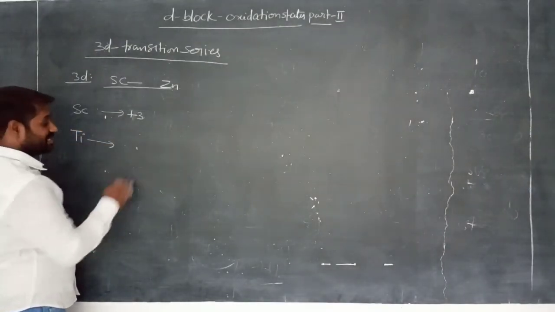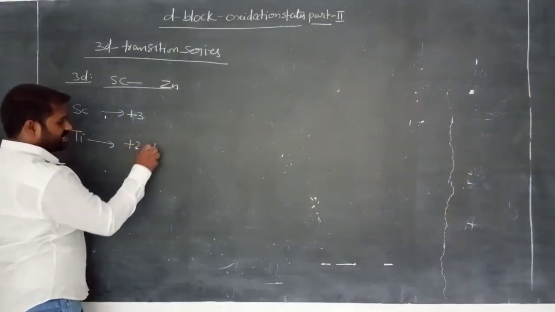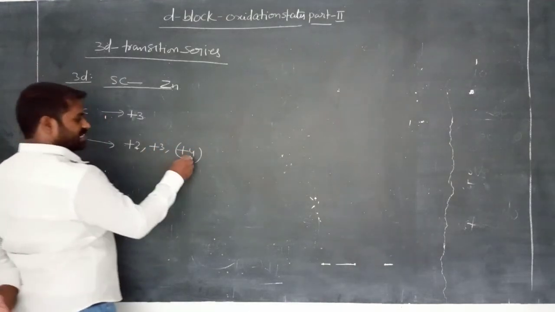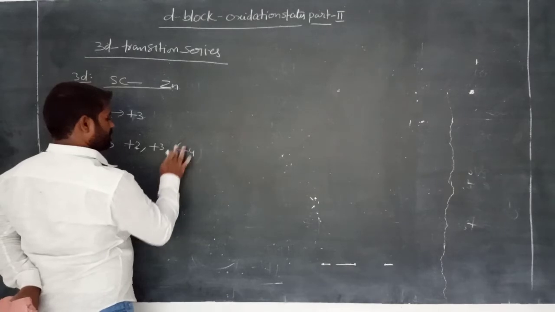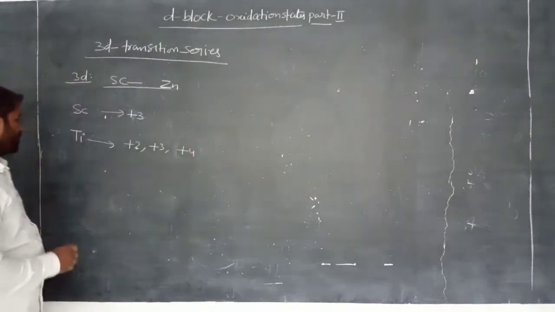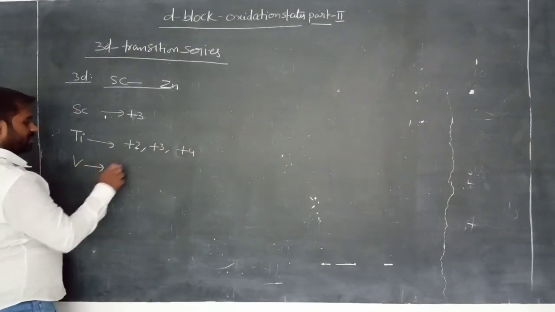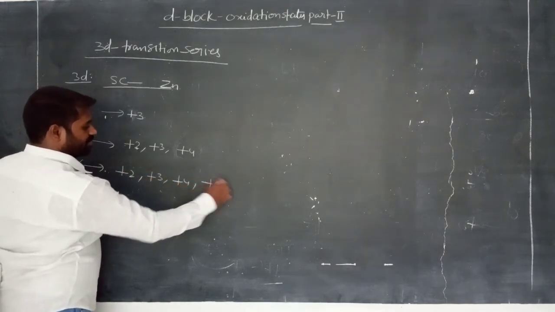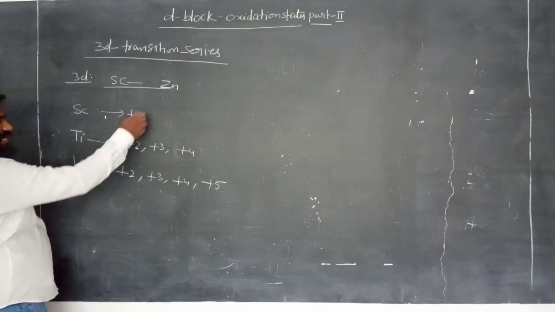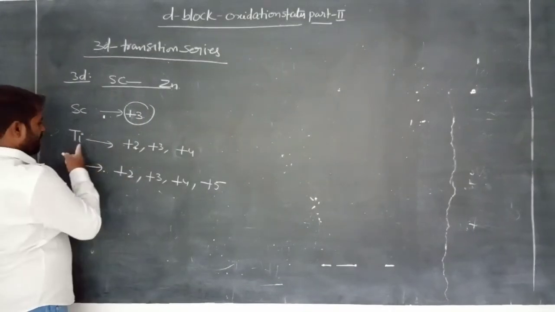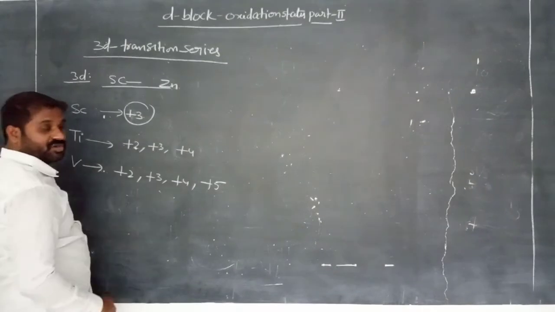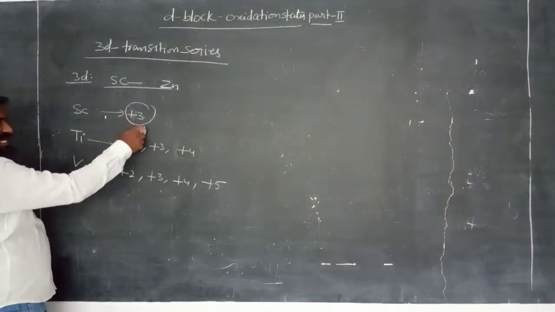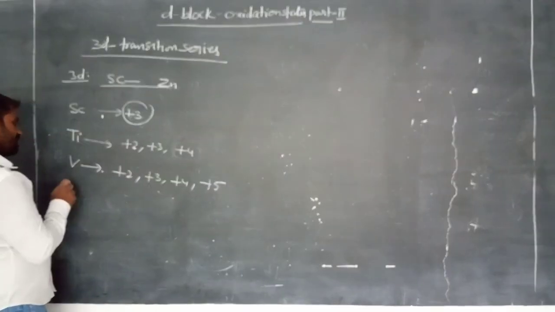Titanium can show +2, +3 and +4 oxidation states. Vanadium exhibits +2, +3, +4, +5 oxidation states, variable oxidation states. Scandium does not show variable oxidation states, only +3. But titanium shows +2, +3, +4 also. That is the variability here. Remember this.